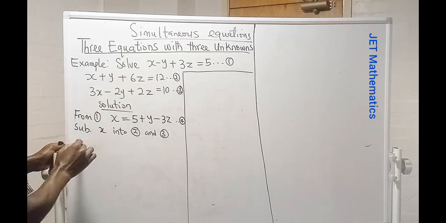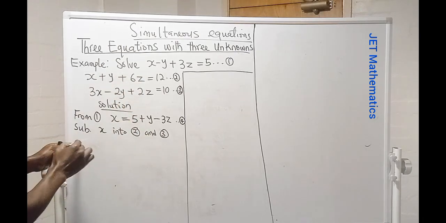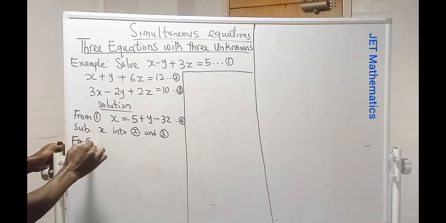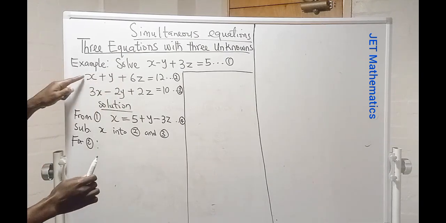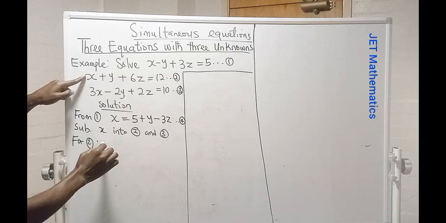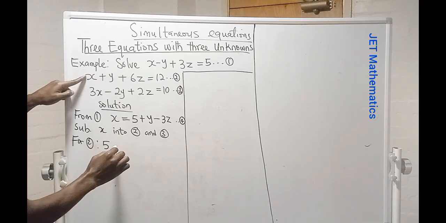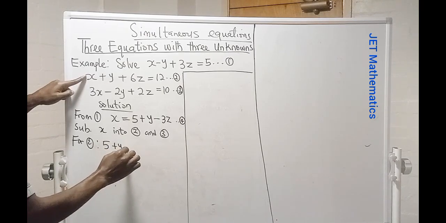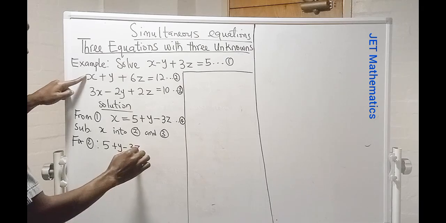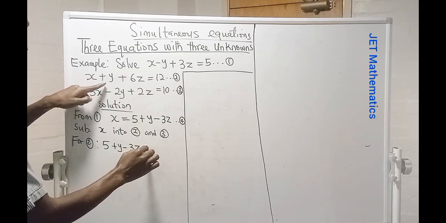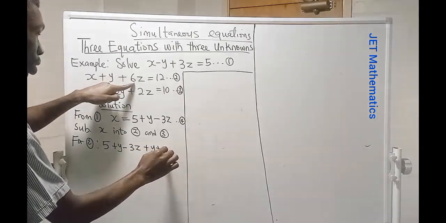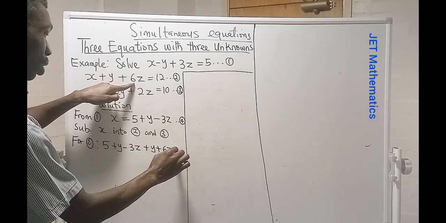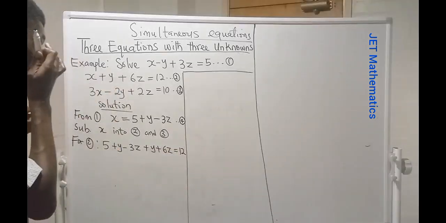Bringing this into 2, if we put x here, we have 5 plus y minus 3z, then plus y plus 6z equals 12.